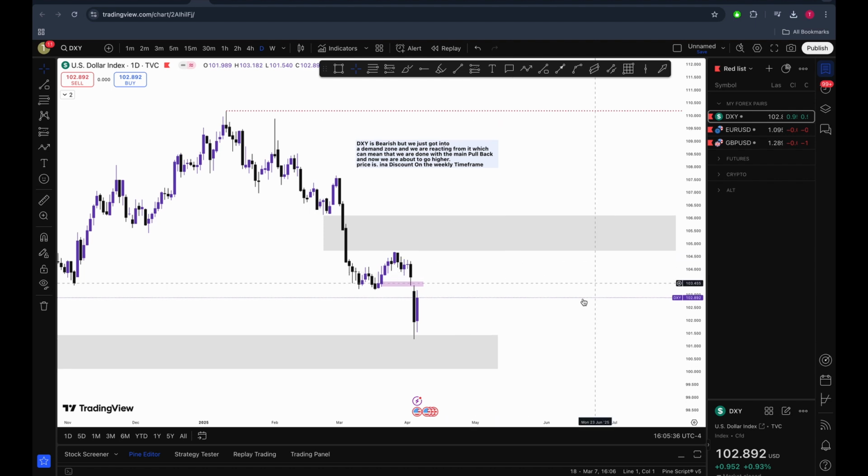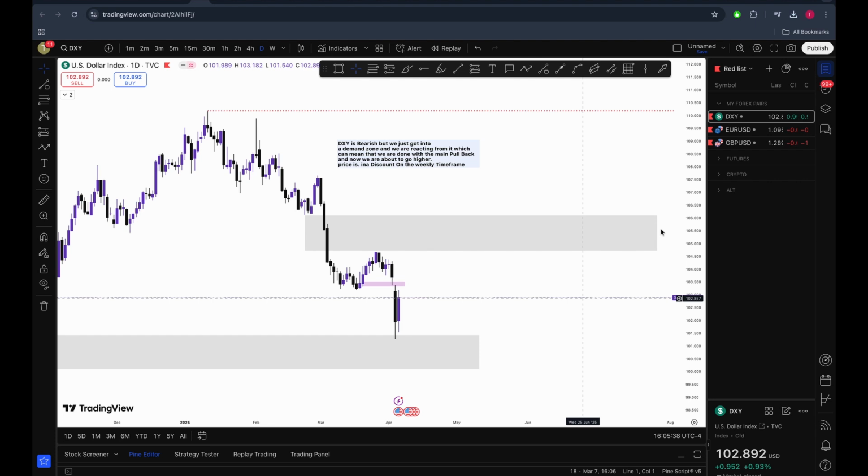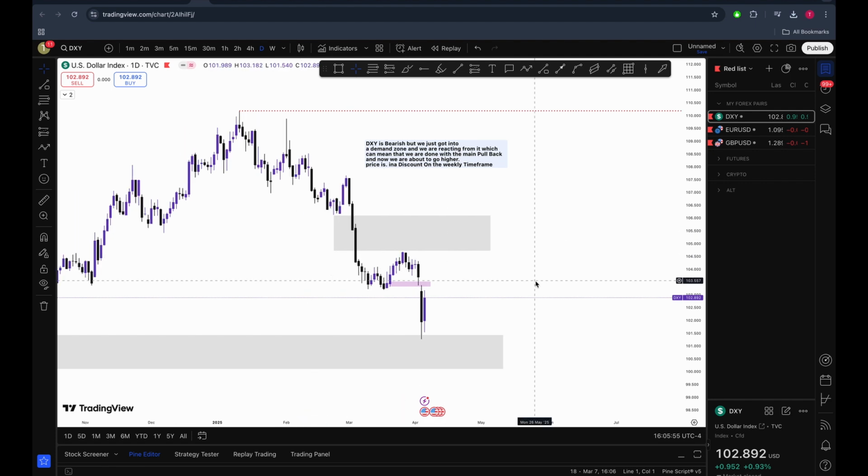So these are areas that we can target. If you want to take a wild swing, we can look for entries around there and target these areas because it's likely for us to come and take this size. But for now, let's see.